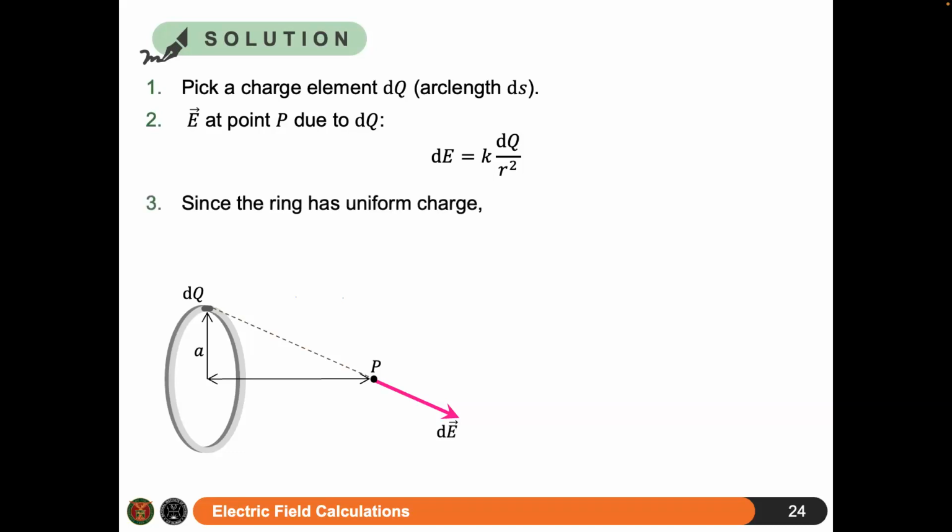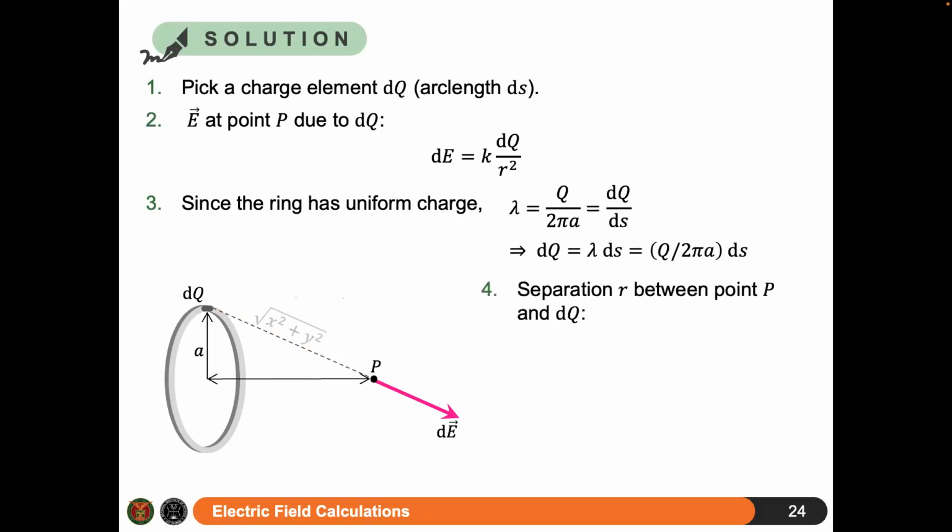Since the ring has a uniform charge, magiging mukha lang siyang line charge na pinaikot, so it's just charge per length, Q over the total length, which is 2 pi a. Okay? In infinitesimal form, dq over ds lang siya. And the separation distance is just x squared plus a squared.